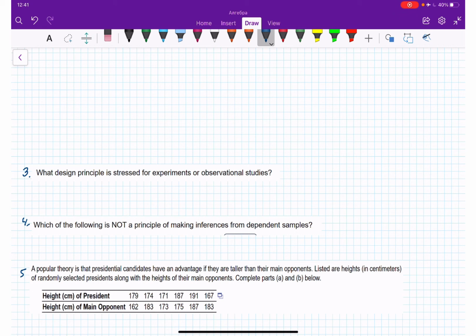What design principle is stressed for experiments or observational studies? So practically what it is asking is which one is better to use, dependent or independent samples, when you can get better information. Better understanding we always get by comparison, right?